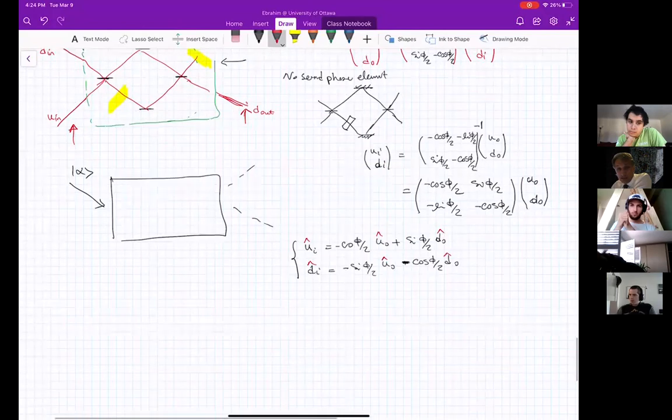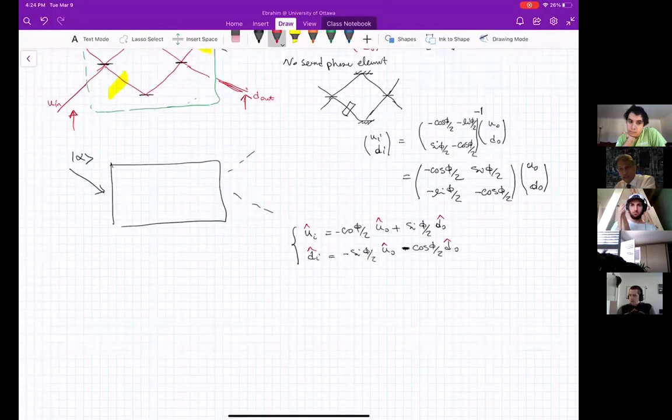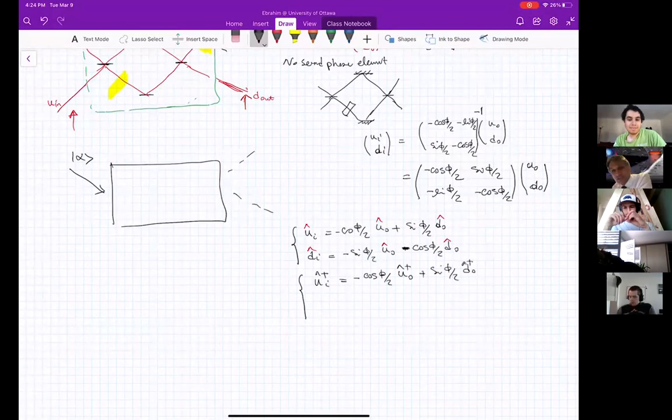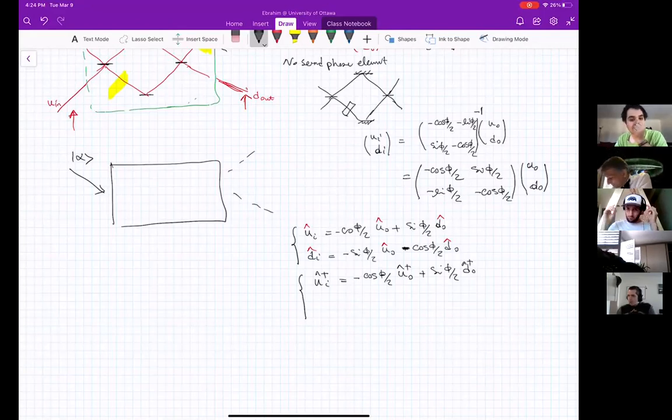Phi is real, so easily I can go for the dagger operator. So U dagger in is minus cosine phi divided by 2 U dagger O plus sine phi divided by 2 D dagger O. I think you understand why I try to avoid the phase: here you have to always take the conjugate of the phase and it messes up at the end.